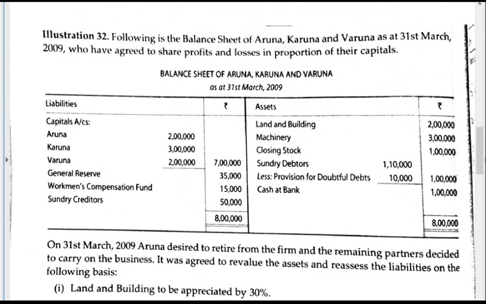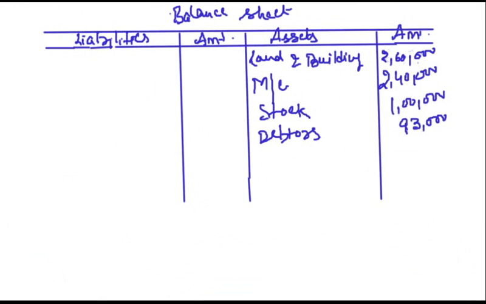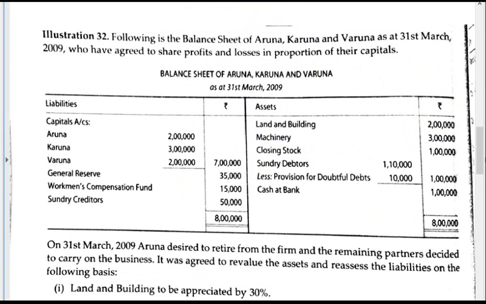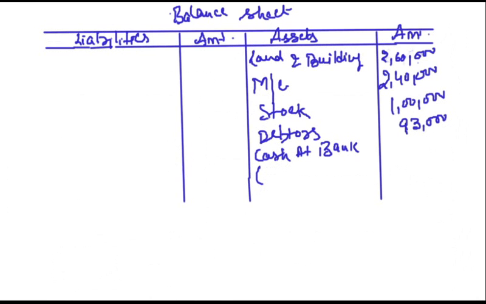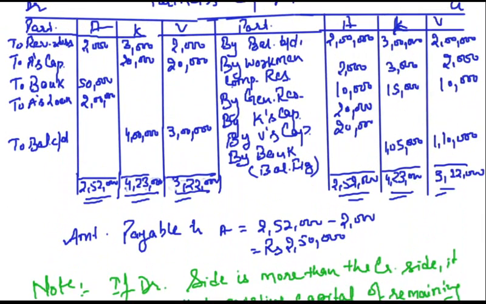Next, cash at bank. Yes, this figure is important now. What is the existing amount? 1 lakh. Right? Existing amount is 1 lakh. If you see the capital accounts, the remaining partners are bringing some cash into the bank to the extent of 2,15,000.